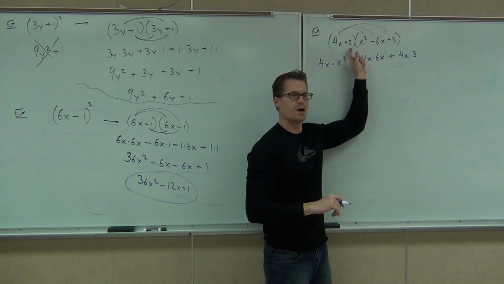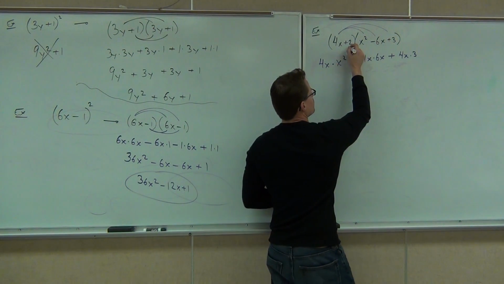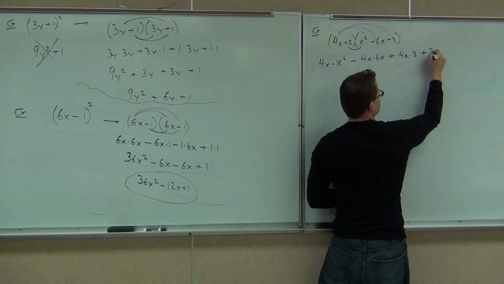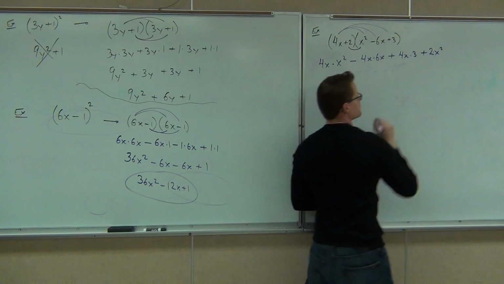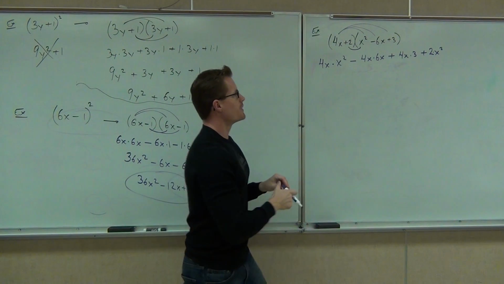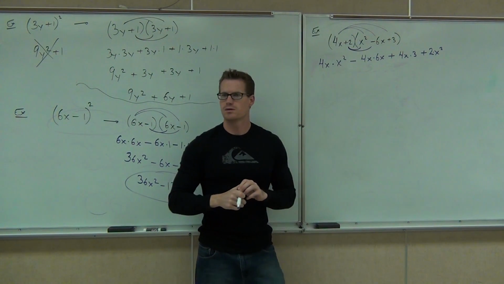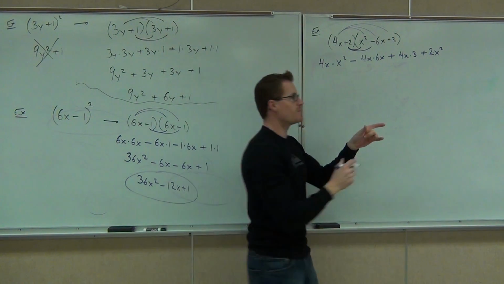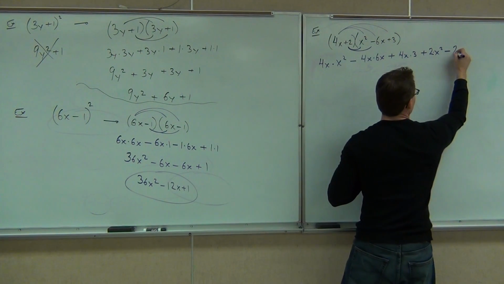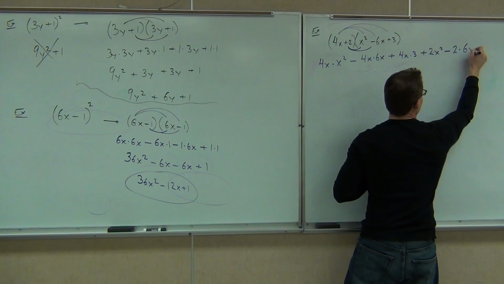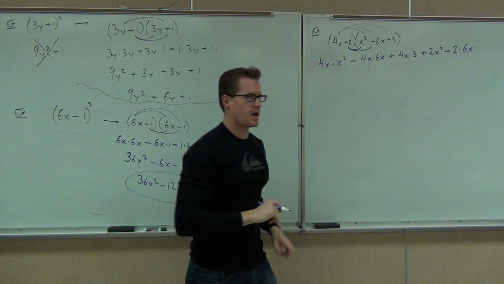I'm done with the first term, now I move to the second term. Positive 2 times positive x is positive 2 times x squared. Then am I going to have a plus or minus, folks? Minus. Good. Because I have a positive times a negative, that means 2 times 6x.